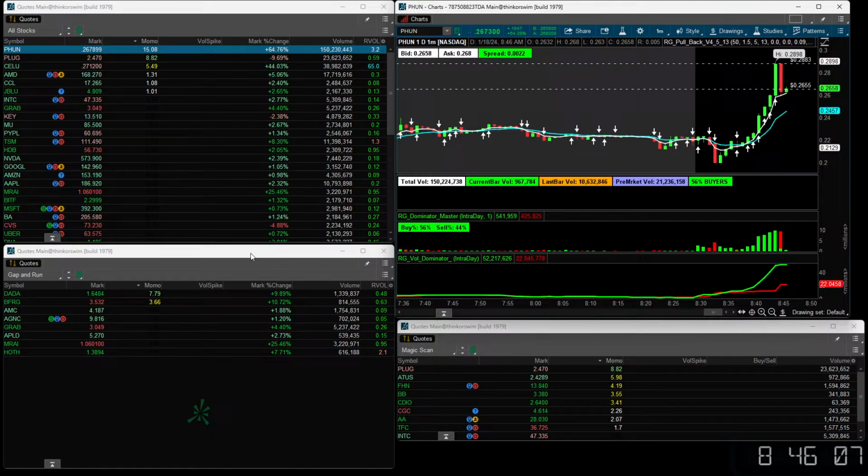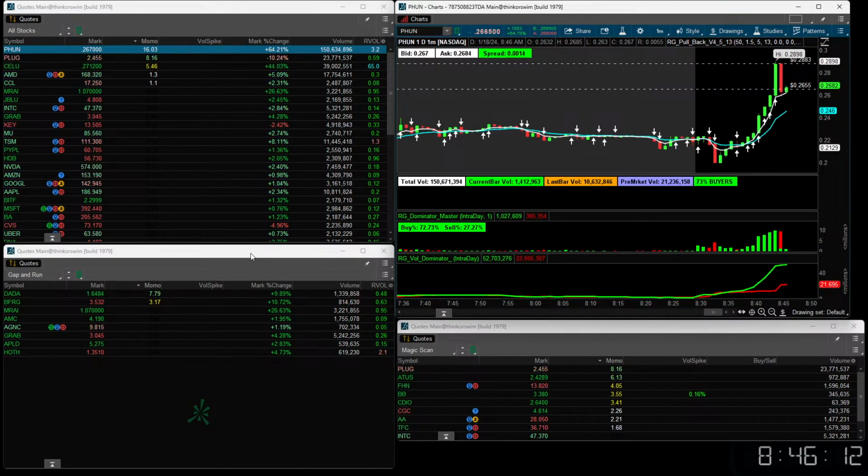Do we get a bounce or do we not get a bounce? There's a spike arrow coming in.